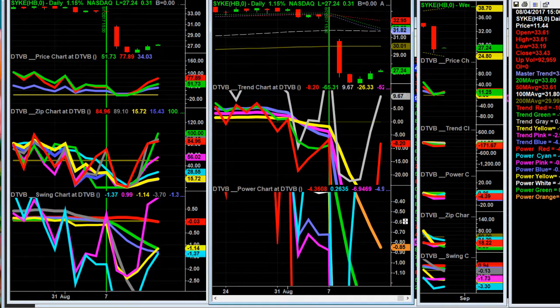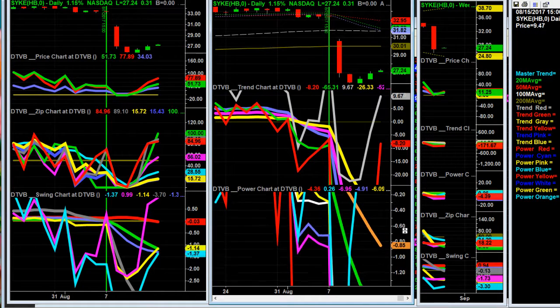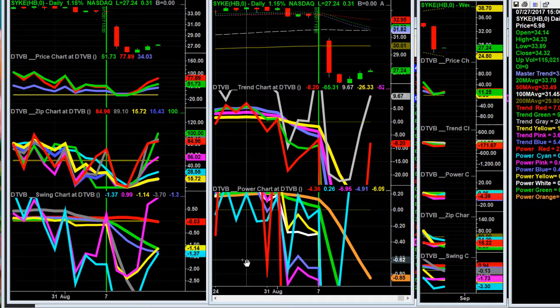This one you don't see too often, but this is the pairs divergence. Excuse me, I said that wrong. The pairs divergence is when pink and blue are up and white and yellow are down. In this particular case, we have the pairs themselves: white is up, yellow is down, and pink is down and blue is up.